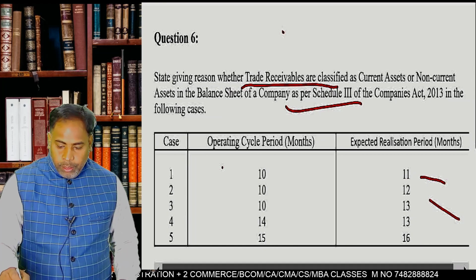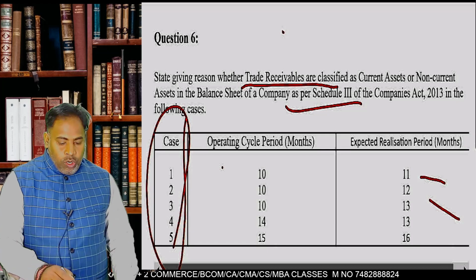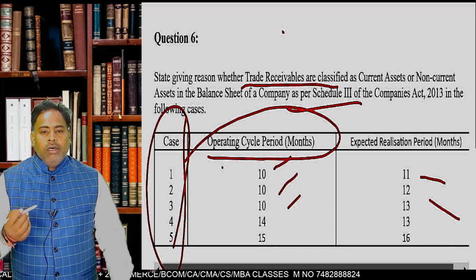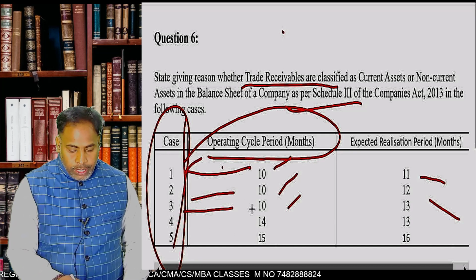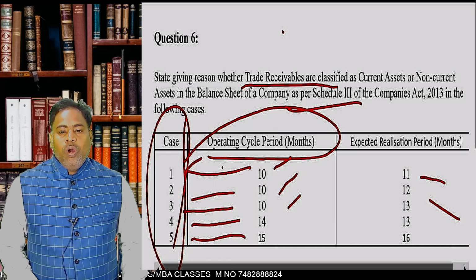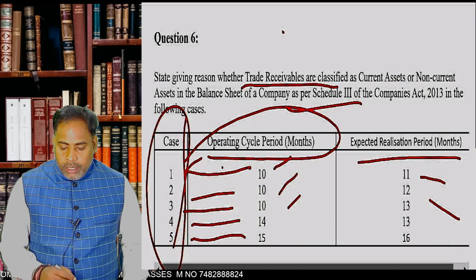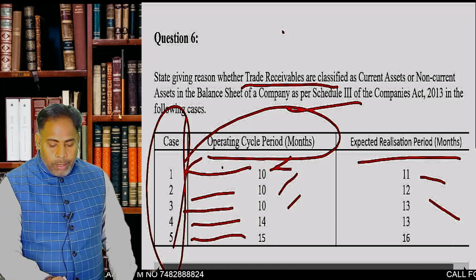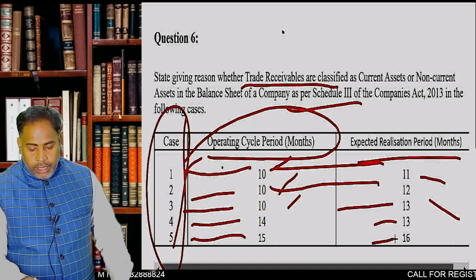Cases 1 to 5: the operating cycle period is 10, 10, 10 for the first three cases, 14 for case 4, and 15 for case 5. And the expected realization period is 11 months for case 1, then 12, 13, 13 and 16.